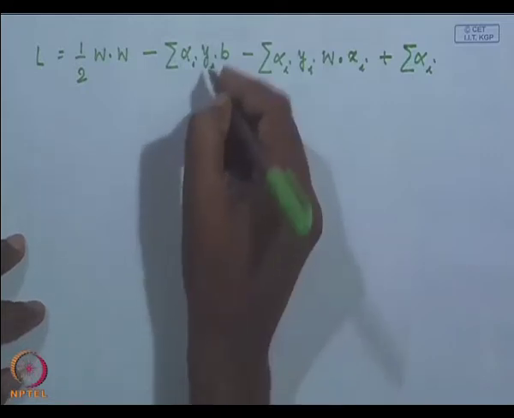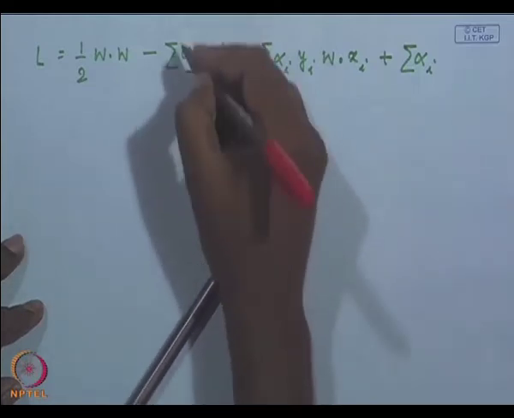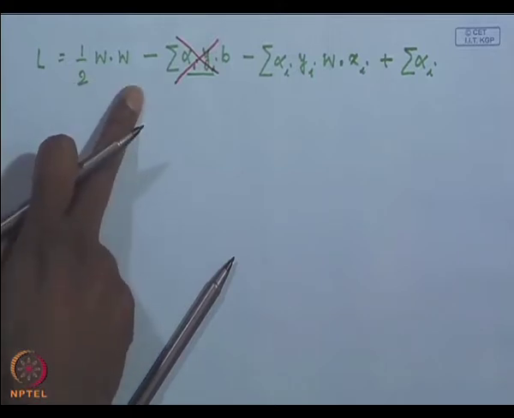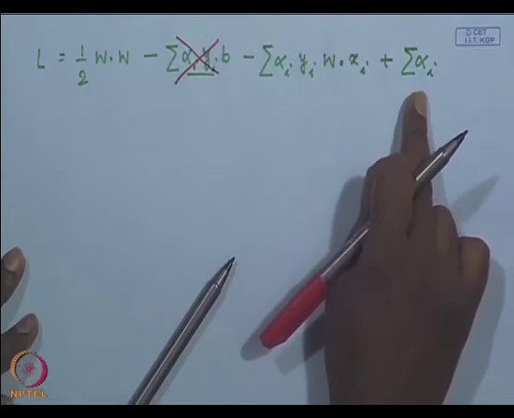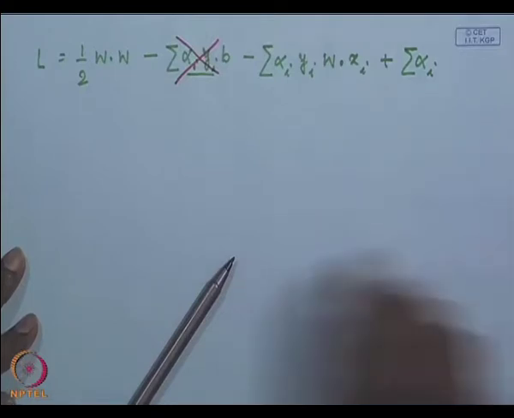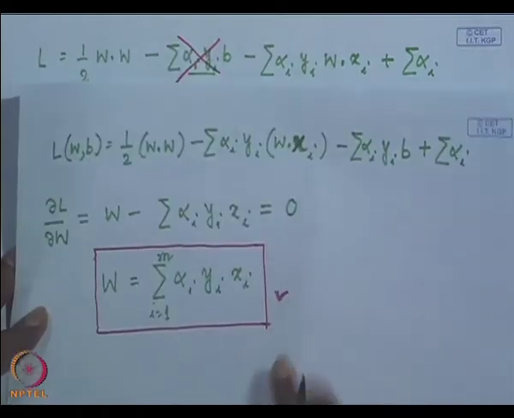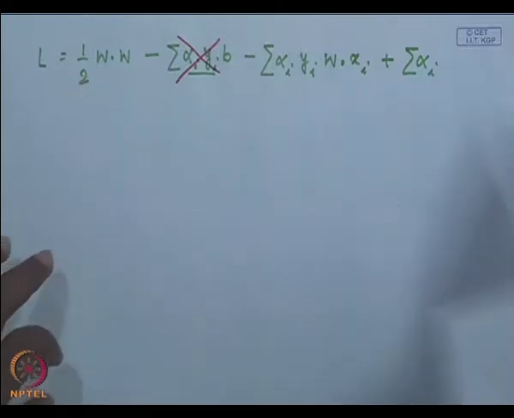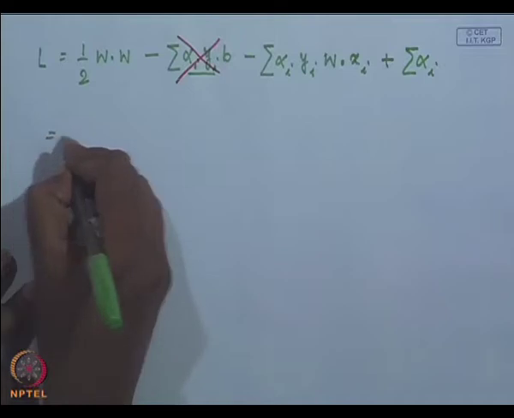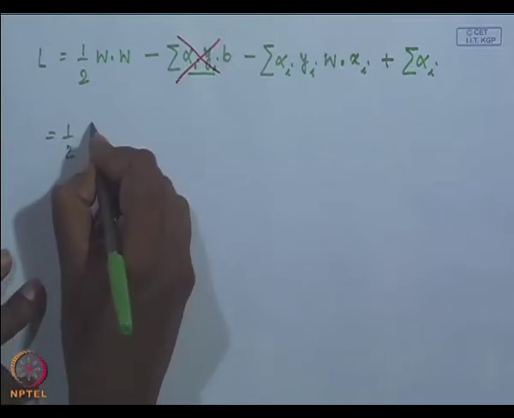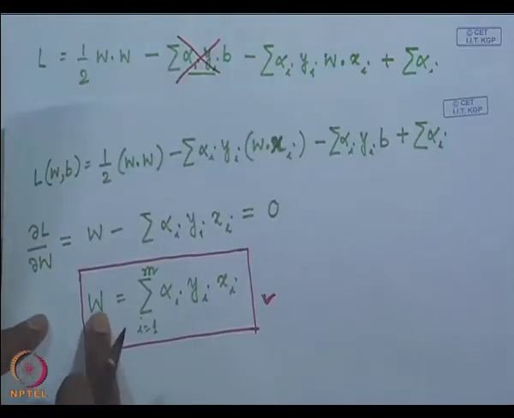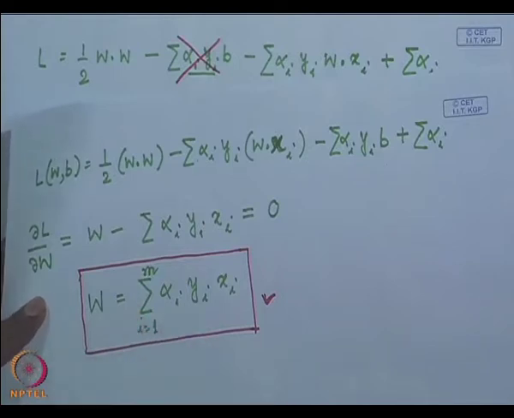Now, over here, this sum of alpha_i y_i was equal to 0. So, this term simply gets cancelled. So, the expression I have is L is equal to half of w dot w minus this plus sum of alpha_i. And if I put this value of w into this expression, this will be simply half of summation alpha_i, because I have the term w dot w, the dot product of the weight vector with itself.